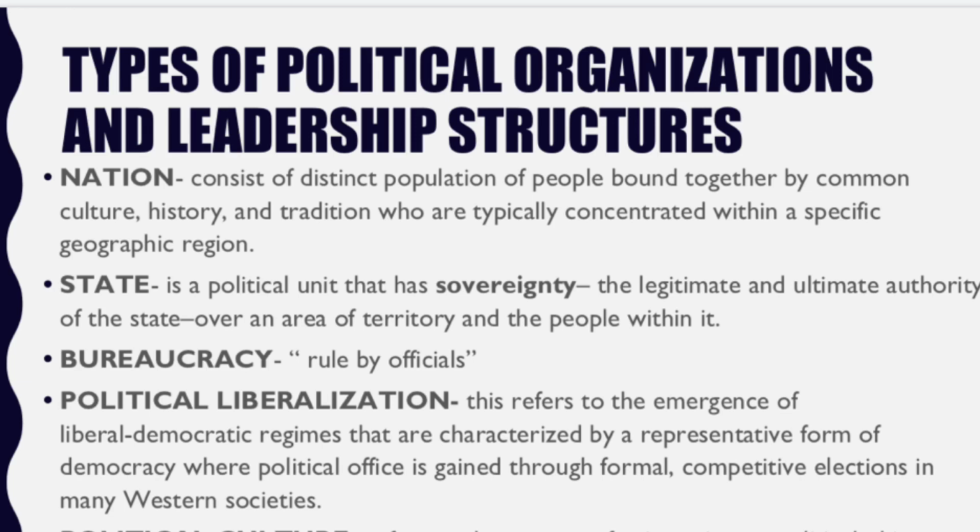So just take note of this. State is equal to nation plus sovereignty. Nation plus sovereignty is equal to state. Now let's have bureaucracy. It simply means rule by officials. So this is a body of non-elected officials. The most important decisions are made by state officials rather than the elected representatives. We have an administrative policy-making group under bureaucracy.